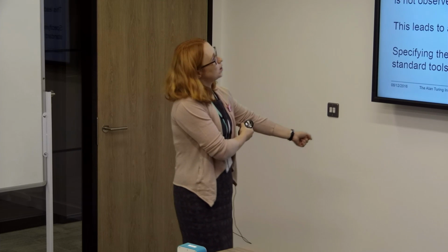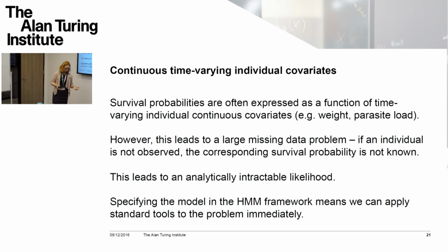This other example is where, rather than having these discrete covariate values for individuals, we have basically their weight, some continuous time varying covariate, and then we've got the intractable likelihood expression again, and we can't do the integration. I used to do this in Bayesian data augmentation for many years, but once we realized the formulation of capture-recapture into the HMM, we could again borrow the HMM machinery and do the approximate discretization I mentioned earlier.